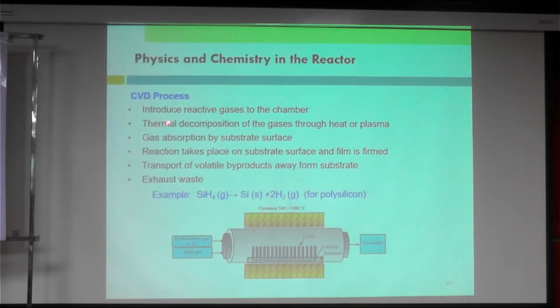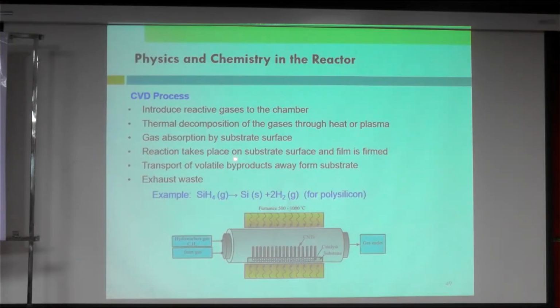So the CVD process introduces reactive gases to the chamber. So you have reactive gases, hydrocarbon gas, and inert gas coming in. Then thermal decomposition of the gases through heat or plasma happens inside. Then gas absorption by the substrate surface. You have your substrate here. Then with a certain catalyst, basically, it depends on the growing process and what type of material.